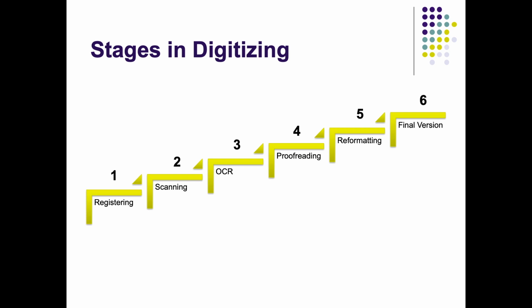Step 3. OCR. Optical Character Recognition. It is software that converts a scanned image into a text file that a word processor can read. To do this, it must first recognize where the text is on the page. The software breaks the text blocks down into lines or into individual characters.